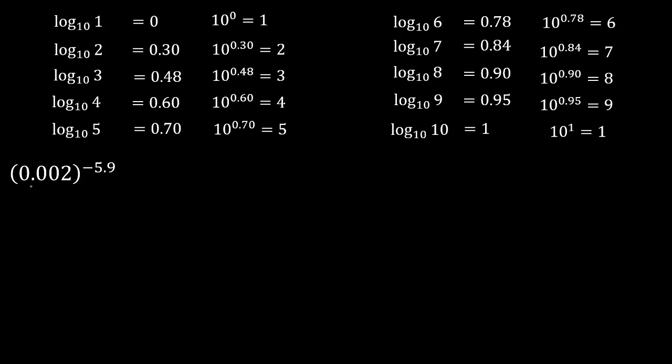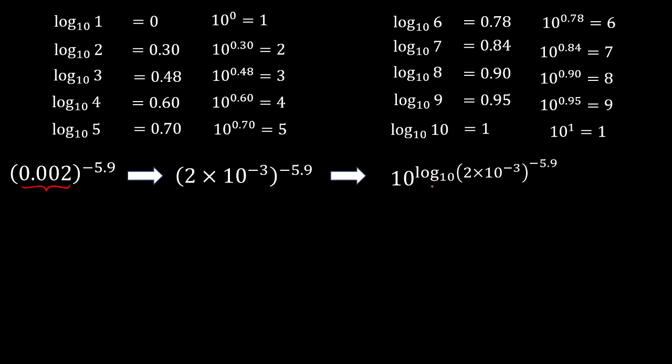Let's finish with a difficult example like this one, 0.002 to the power minus 5.9. So this base is very tricky. First of all, I would like to write it in terms of scientific notation, maybe. So 2 into 10 to the power minus 3, and to the power minus 5.9, and then I'm going to change the base to 10.